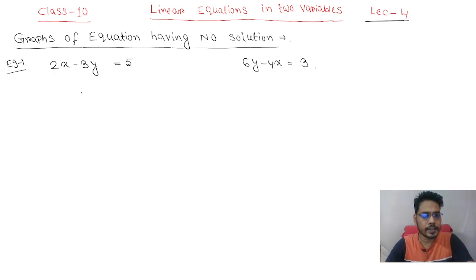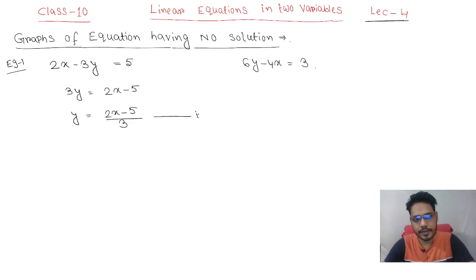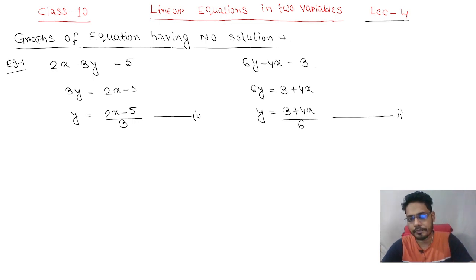Now from here we can say that 3y will be equal to 2x minus 5, and y will be equal to (2x minus 5) divided by 3, and that will be equation number 1. And in equation number 2, 6y will be 3 plus 4x. Now y will be equal to (3 plus 4x) divided by 6, and it will be equation number 2.